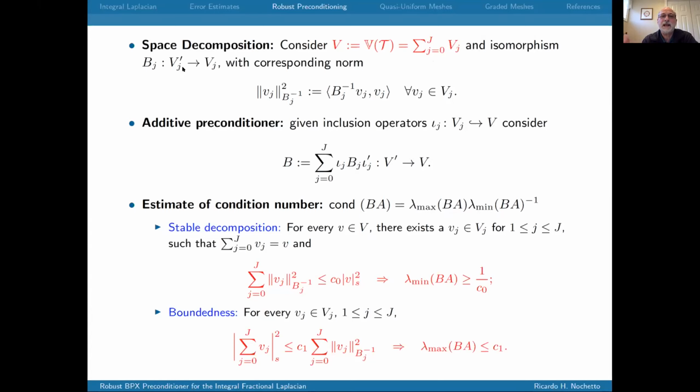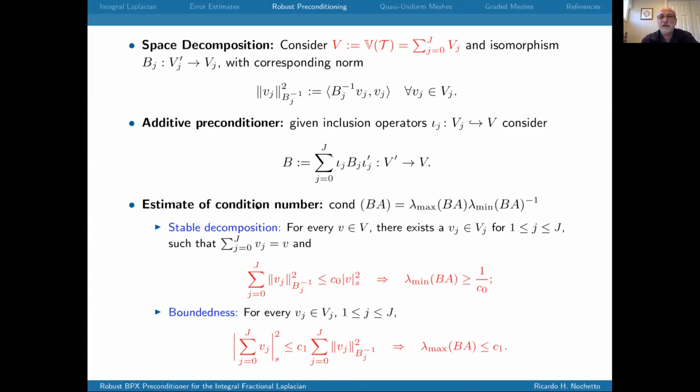Say this is a scaling by the size of the mesh. Think of a scaling, a negative power or a positive power of the mesh size. And this is the actual additive preconditioner that we get by adding these operators VJ. So think of VJ and you give me a function, I scale it with the power of h. I will give examples right in a moment.